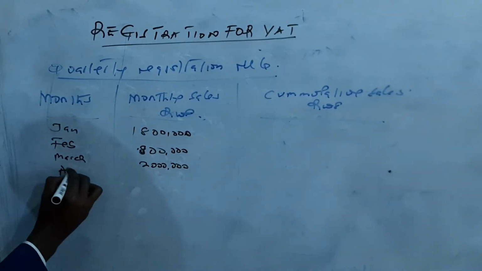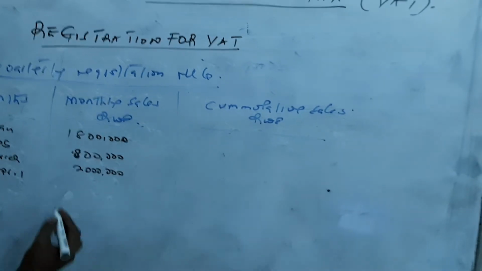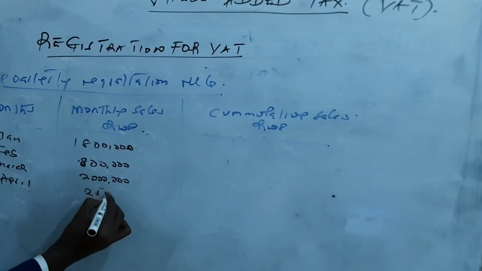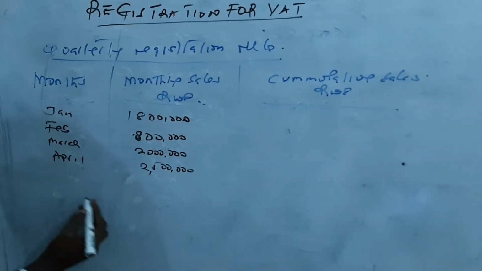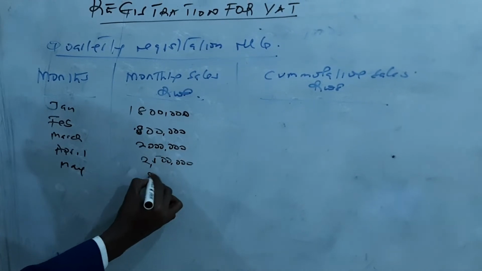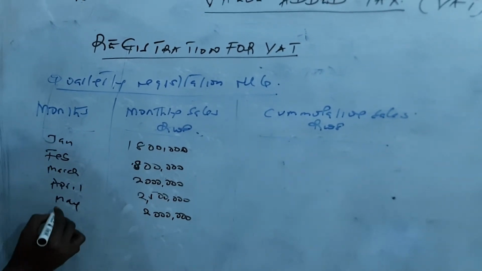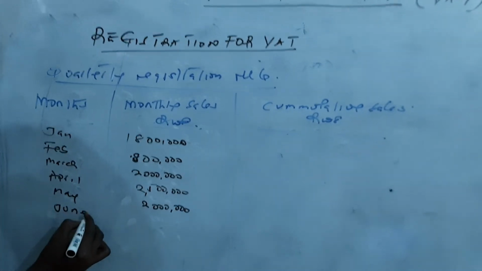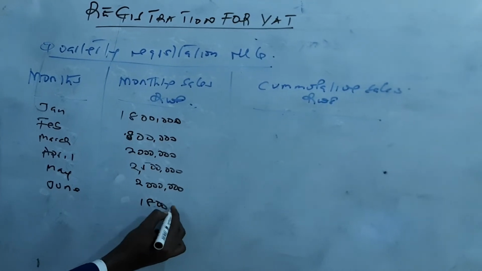April was 2.5. May was 2 million. June was 1.8.